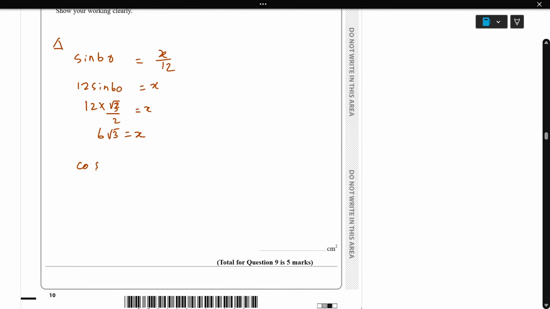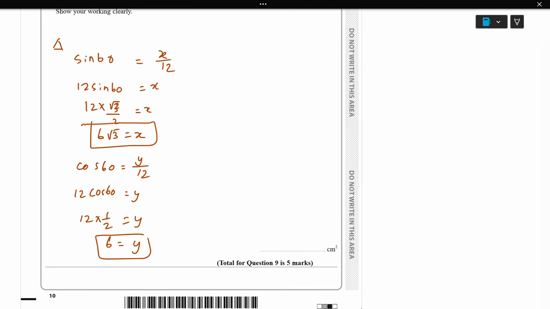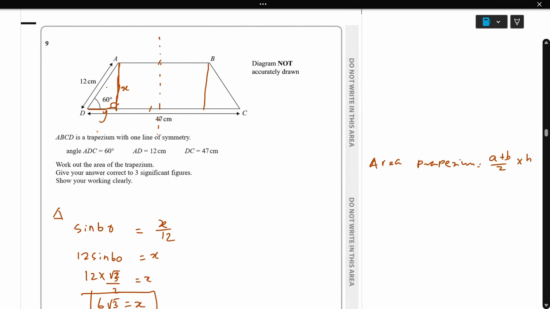So cos 60 equals y over 12, which means 12 times cos 60 equals y. Cos 60 is 1 by 2, so 12 times 1 by 2 equals y. So 6 equals y. We got y, and we got the height also. So this is 6 and this is 6.